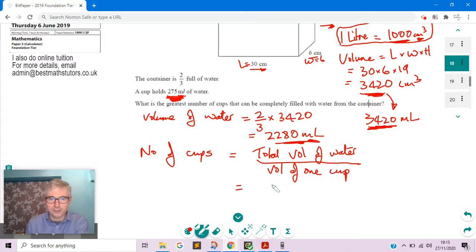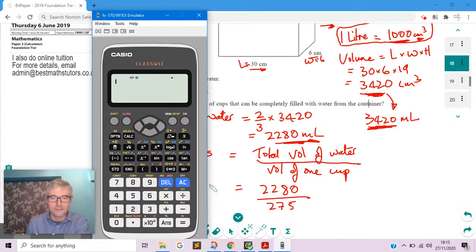And so that would be 2,280 divided by 275. And again, I'm going to just do that straight on the calculator. The fraction means the top divided by the bottom.